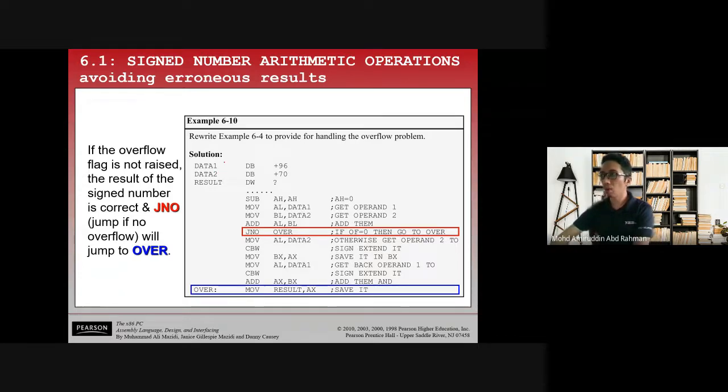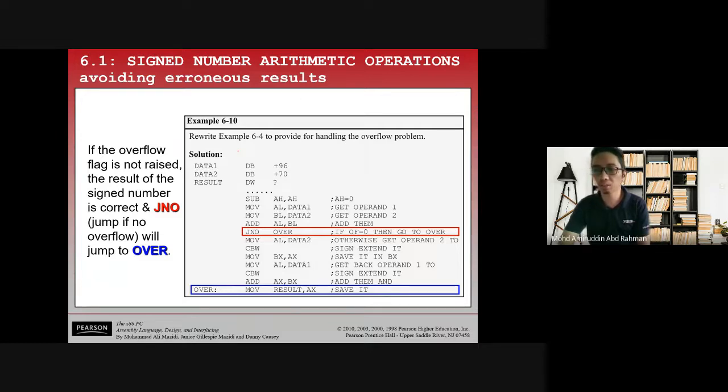Okay, so we have another example on how to handle the overflow problem. For example, we have data 1 plus data 2, 96 plus 70.